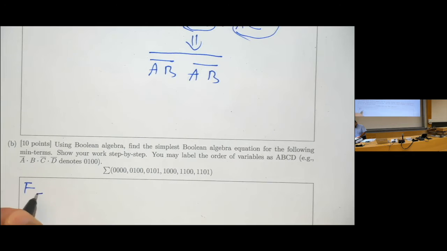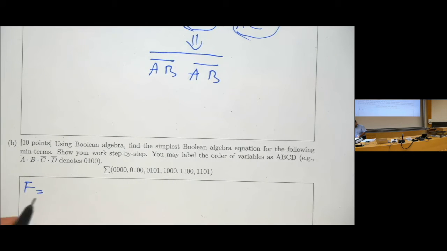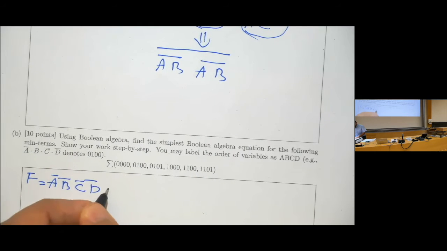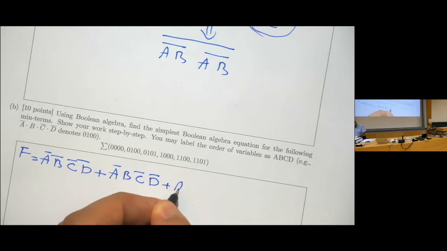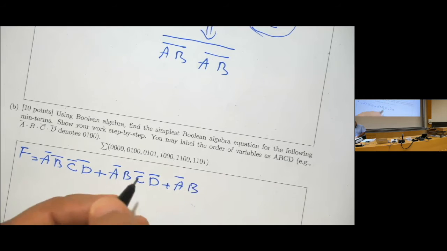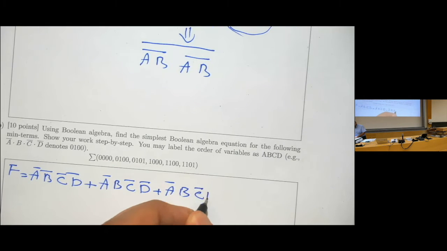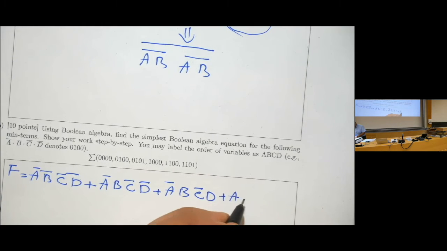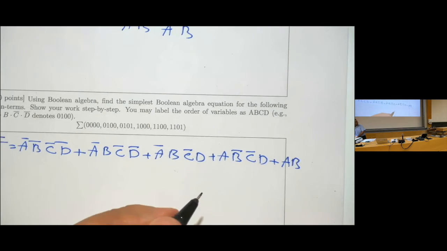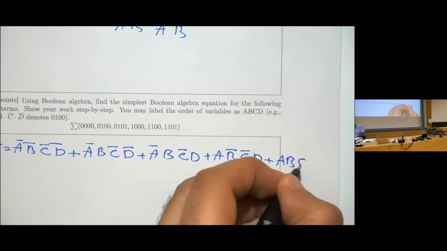So the function is based on the min terms that we have here: A bar, B bar, C bar, D bar plus A bar, B, C bar, D bar plus A bar, B, C bar, D, A, B bar, C bar, D plus A, B, C bar, D.